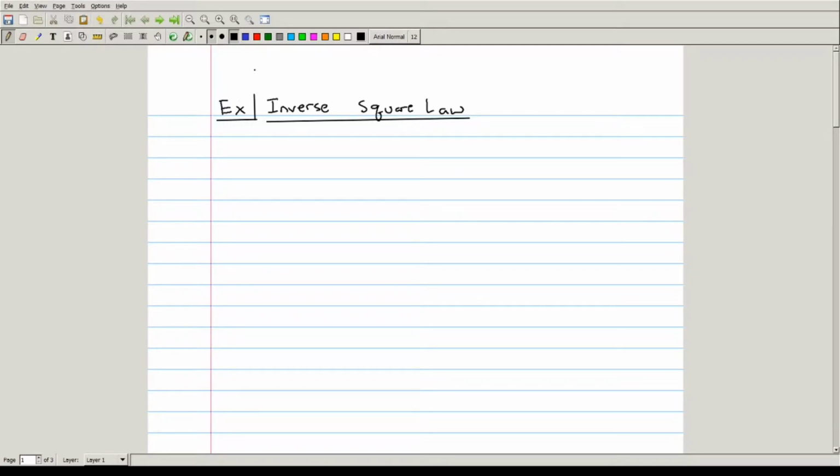Specifically, this is a type of law where the intensity of some quantity is proportional, and this is typically the symbol used for proportional to, 1 over the distance squared.